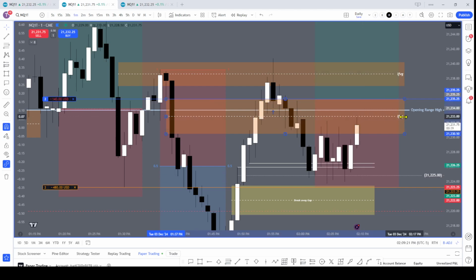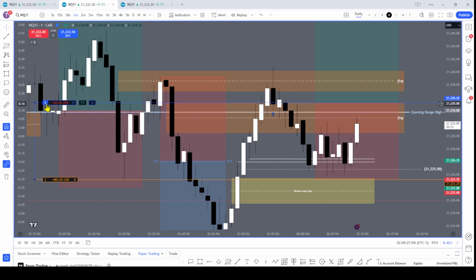All right, we touched the midpoint. Still in drawdown. See if we can close bullish, then see how we react on this down close candles.